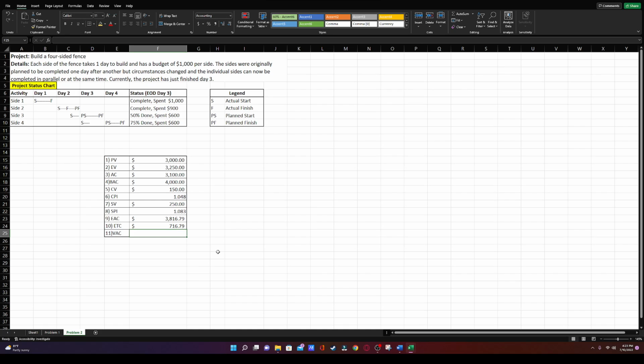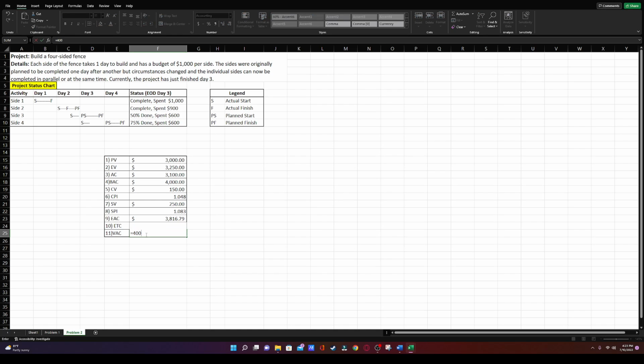All right, the last one, variance at completion. So our variance at completion is our budget at completion minus the estimate at completion, right? So that's going to be our BAC minus our EAC, and this is going to tell us what we planned versus what we're estimating to be at. How much difference is that going to be?